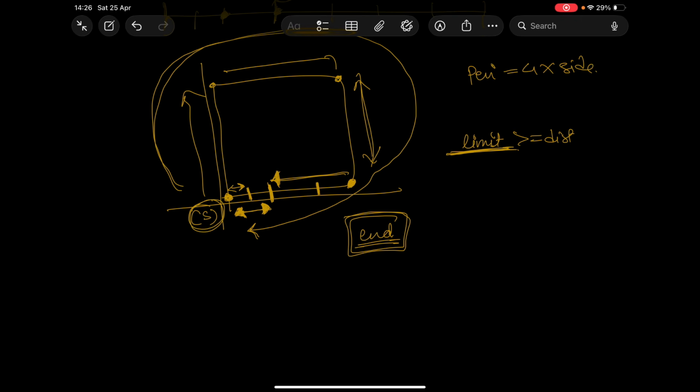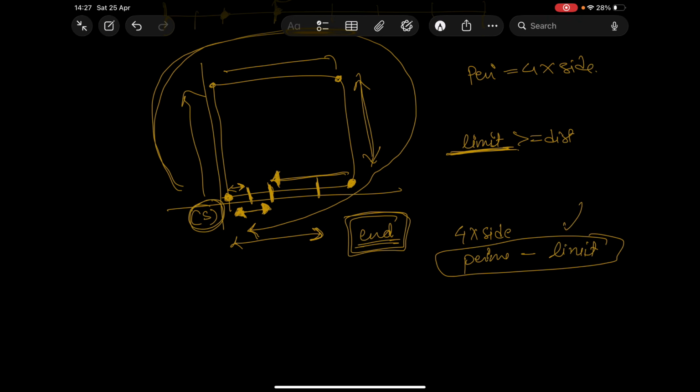So there can be this point, this point, this point, but I know that I have to pick the limit, and let's say the limit would be something of this distance. So among this entire thing, I would say 4 into side, which is my perimeter, minus limit.